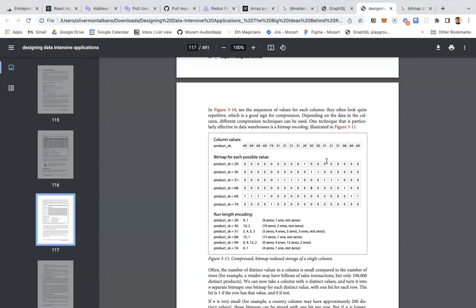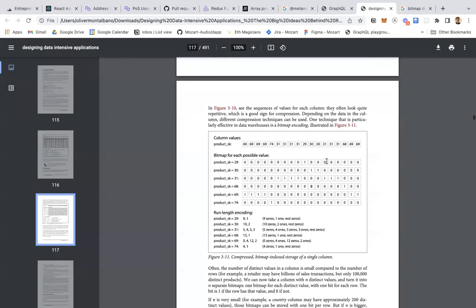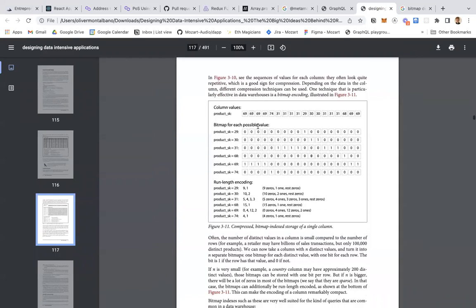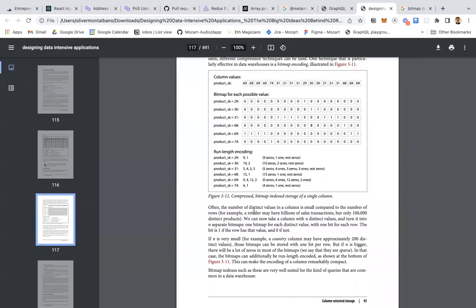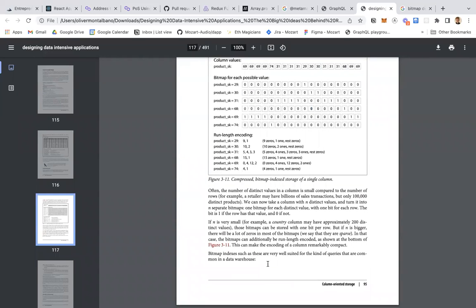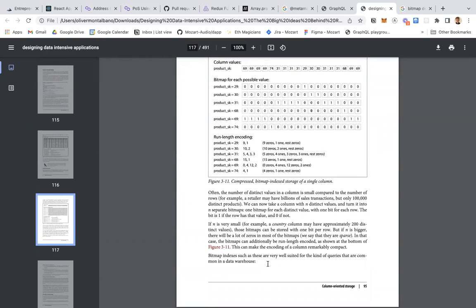And then it's saying it can be compressed even further, right? Yeah, I was just rereading that. It was saying something like, it can be additionally run-length coded, as shown at the bottom of figure 3.11.